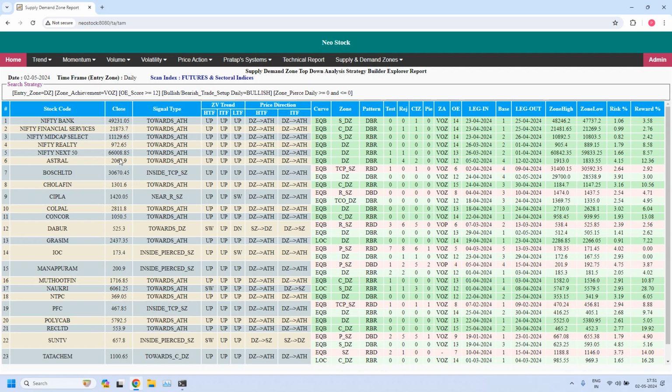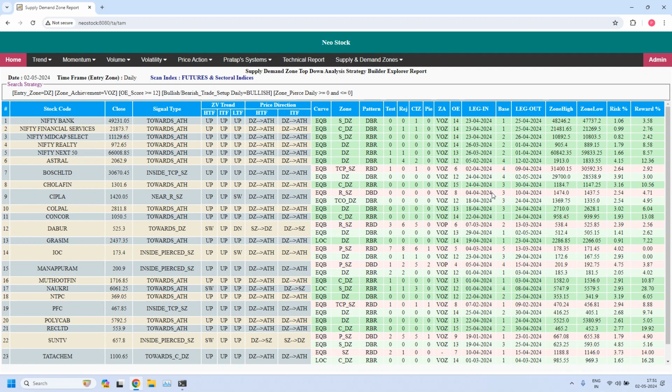If you are not aware of how to understand this report, please go through the training lesson 21.1, part 1 of lesson 21. I have explained each and everything in detail. But remember, those who want to understand lesson 21.1 should have the knowledge of demand and supply zones.